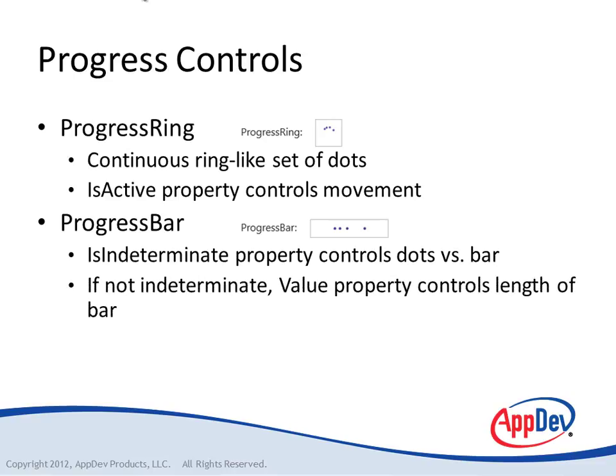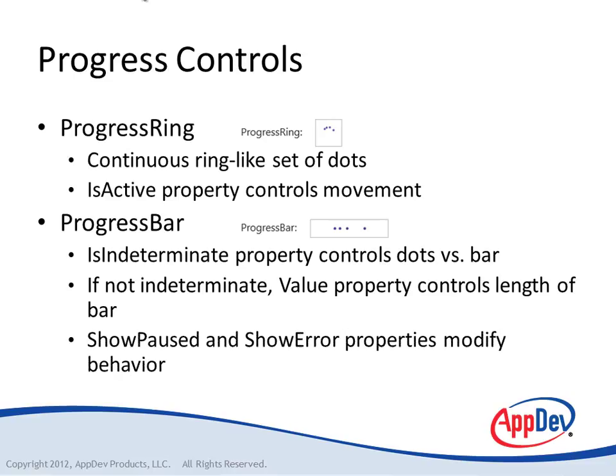If the isIndeterminate property is set to false, which means it's not indeterminate, the value property controls the length of the bar that we see, so we can actually control the length of the progress bar. If isIndeterminate is set to true, we just see the dots. This control has a show paused and show error property, which modifies the behavior of the progress bar.